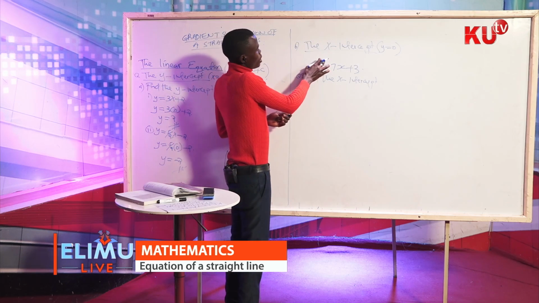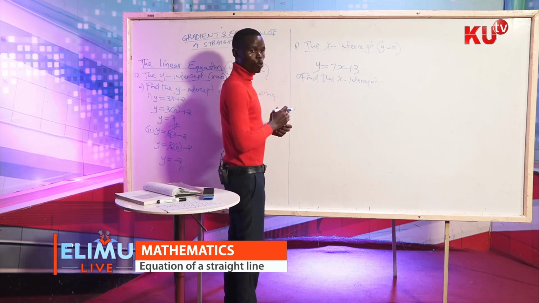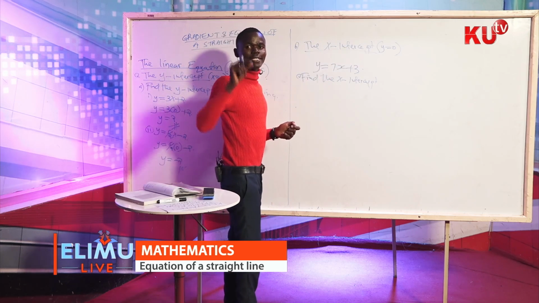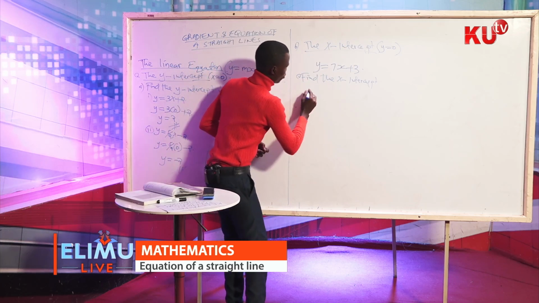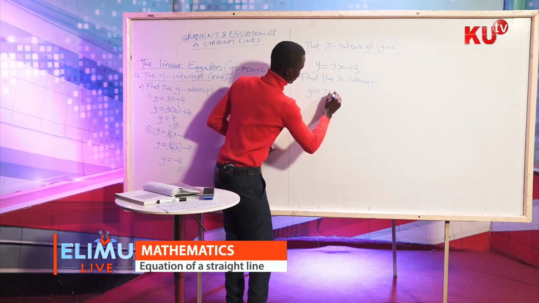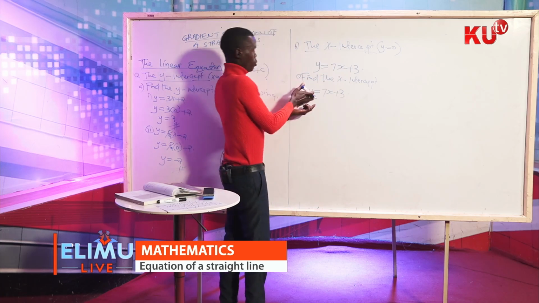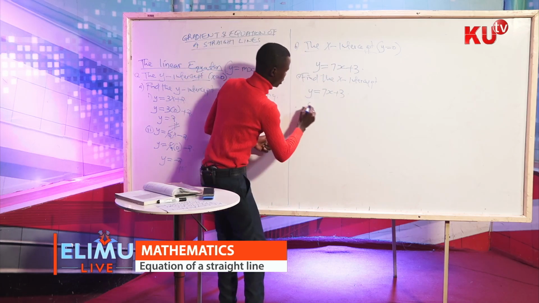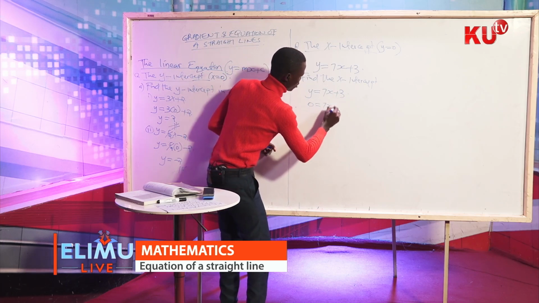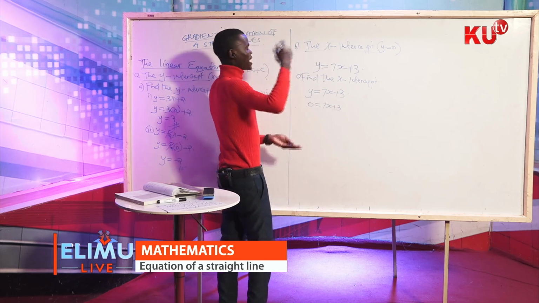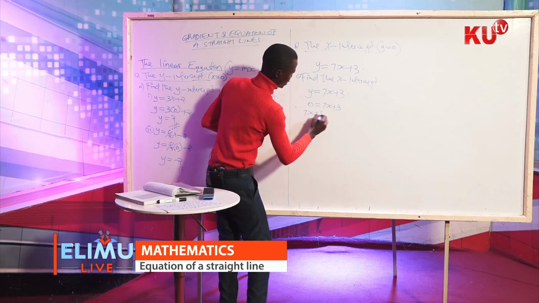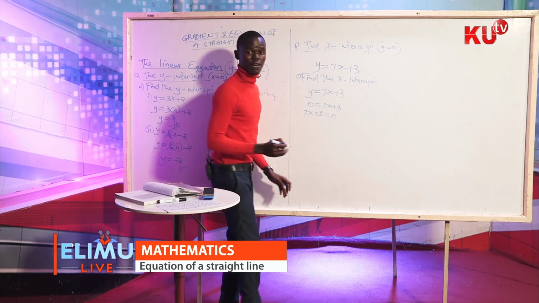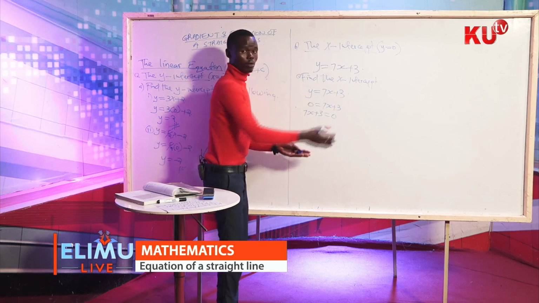The moment you know that for the x-intercept y is 0, where there is y, you write 0. So y equals to 7x plus 3 becomes 0 equals to 7x plus 3. We can rewrite it as 7x plus 3 equals to 0. I have changed nothing. I have just changed them to the other side.